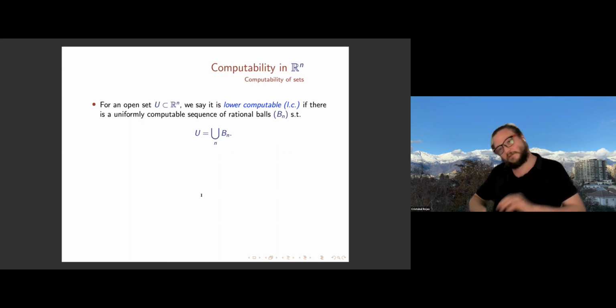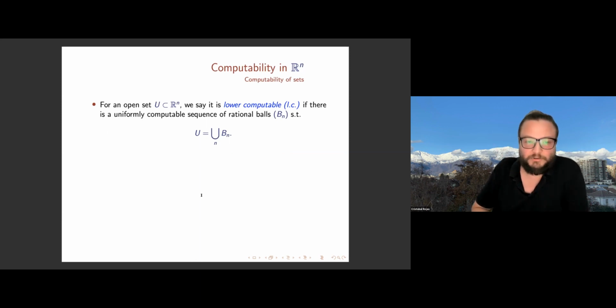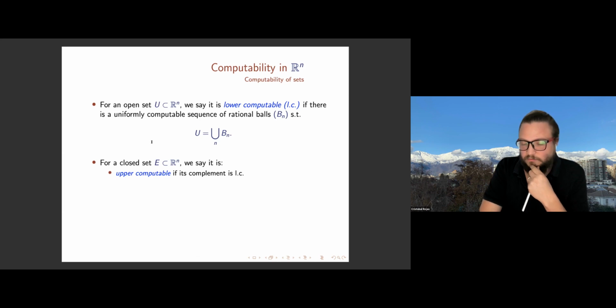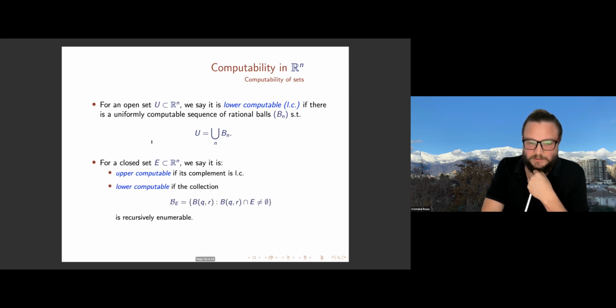So in order to state the results, I'll recall the definitions that are involved. In terms of sets, I call lower computable those open sets for which we can compute the sequence of balls that exhaust the set, as usual. Closed sets we call upper computable when their complement is a lower computable open set.